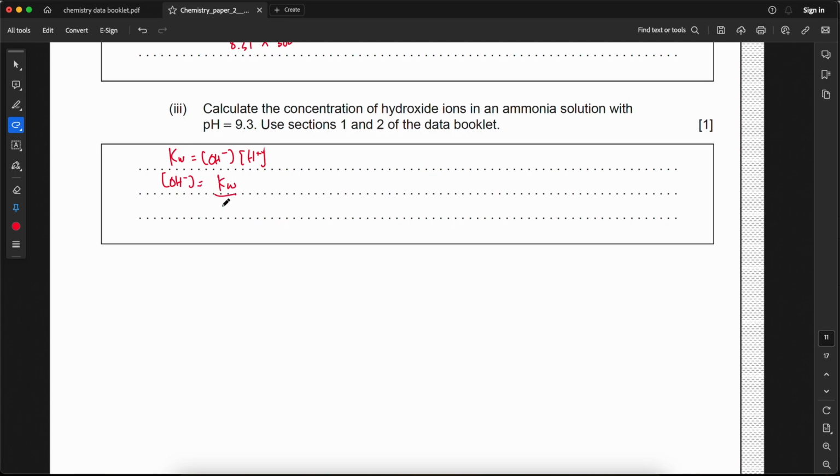So 10 to the power negative 14 divided by 10 to the power negative 9.3 comes from here, and you get 10 to the power negative 4.7. Okay, this OH minus, then the concentration is 2 times 10 to the power negative 5 mol per dm^3.